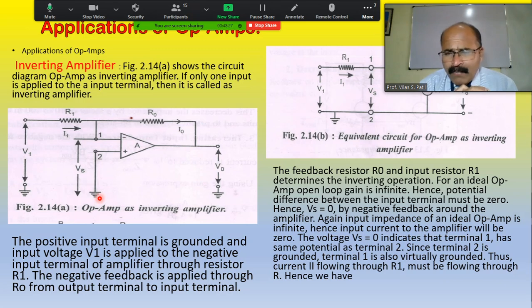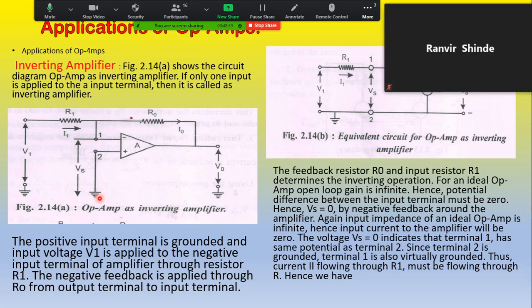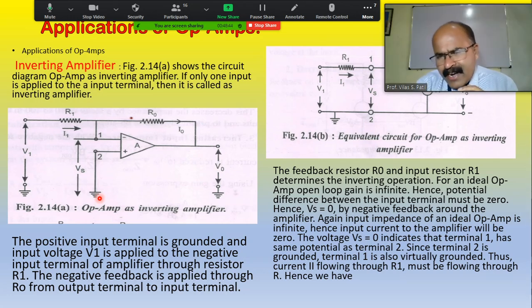We know that operational amplifier will be very applicable to perform the various operations in case of mathematics. That is addition, subtraction. These are the basic. Multiplication, division are very basic.